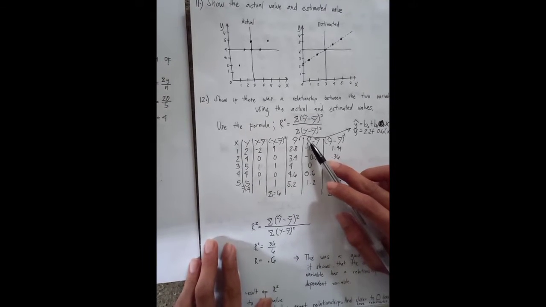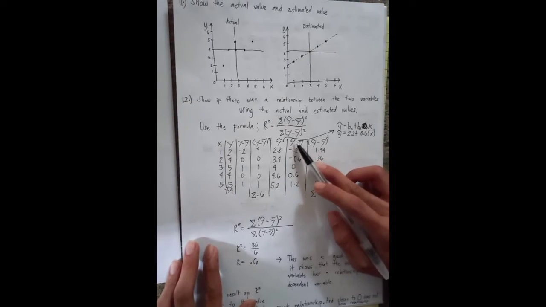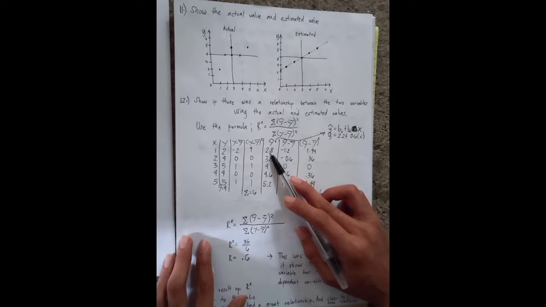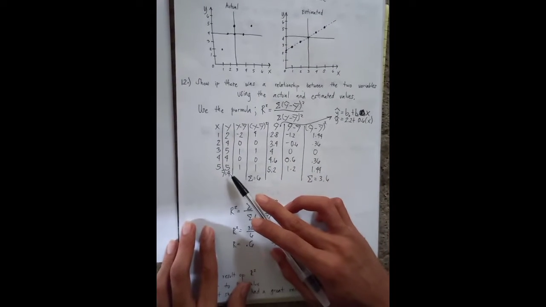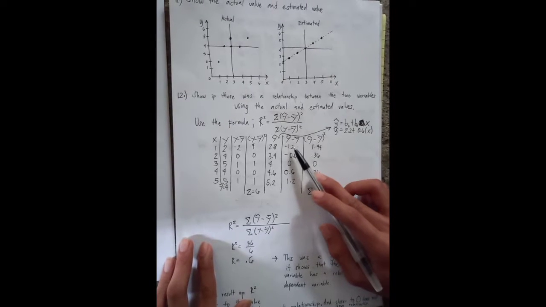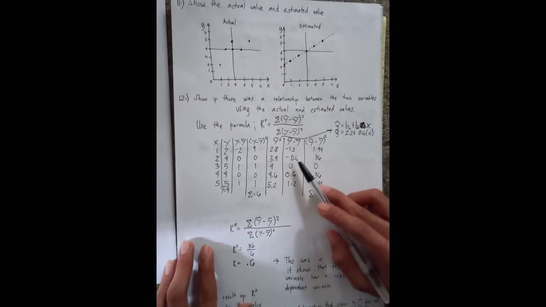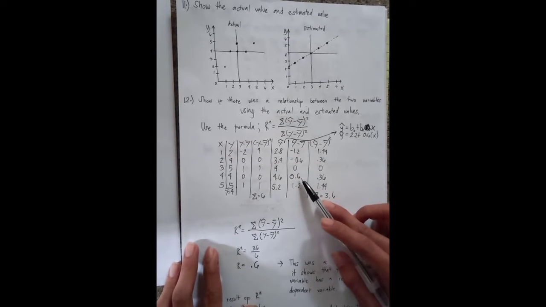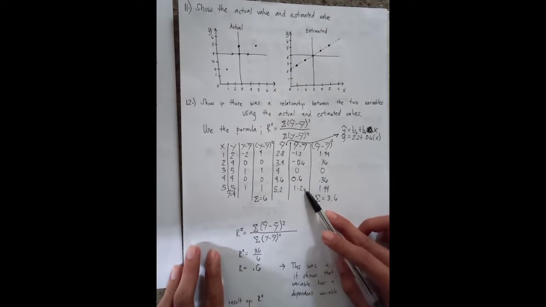Next, we must get the estimated value of y minus y mean. So 2.8 minus 4 is equal to negative 1.2, and so on: negative 0.6, 0, 0.6, and 1.2.